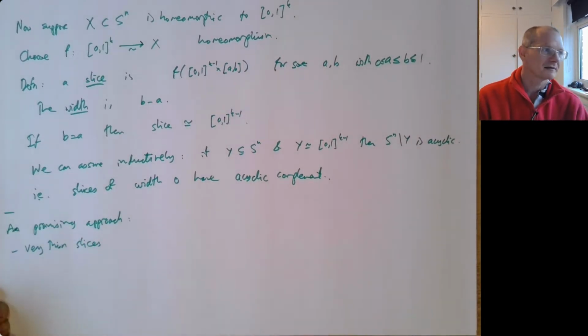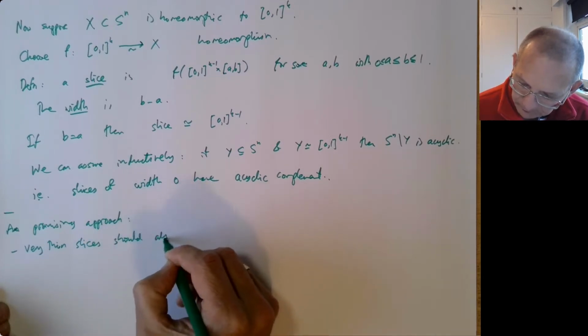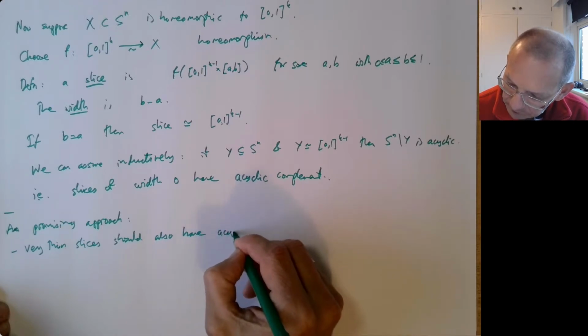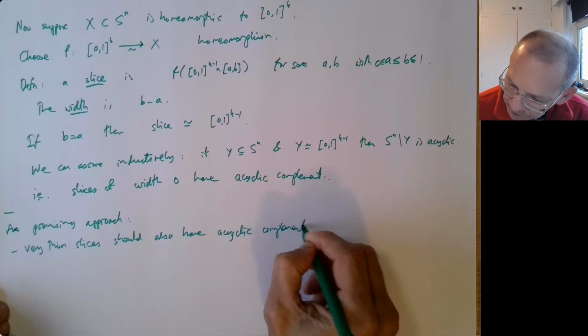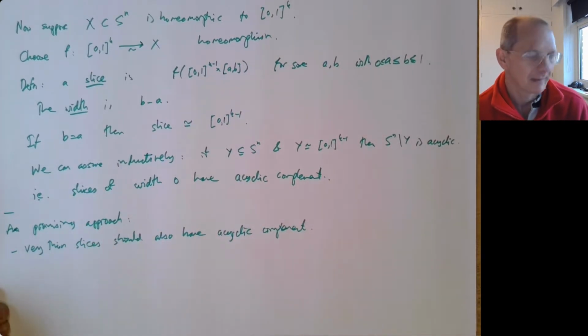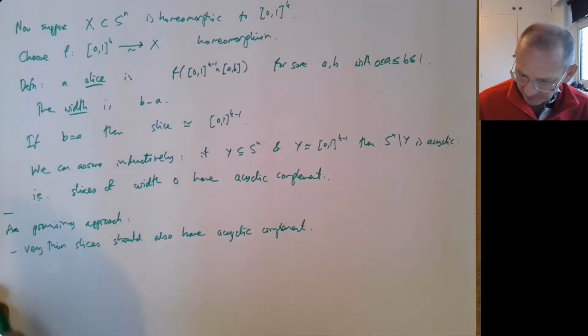So we've got very thin slices. It seems reasonable to suppose that if slices of width 0 have acyclic complement, then slices of width just very tiny should also have acyclic complement.